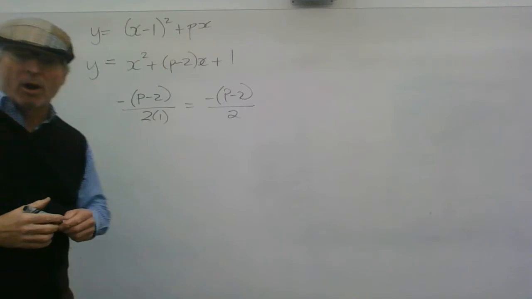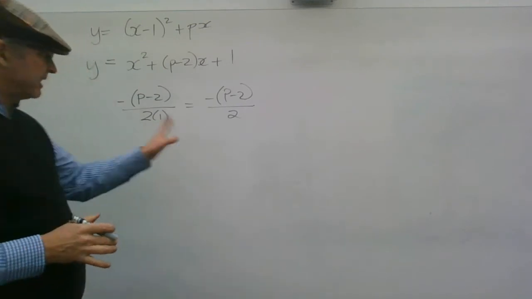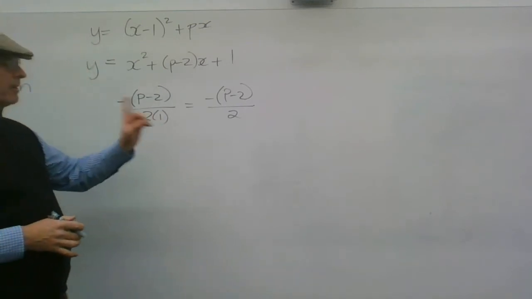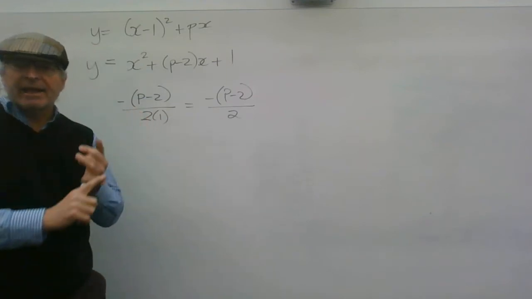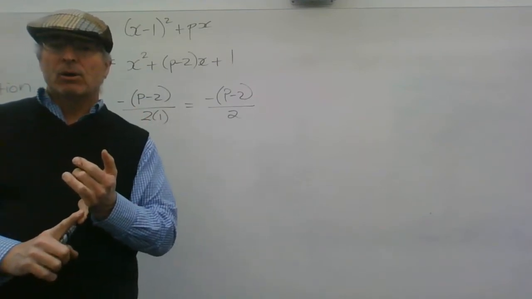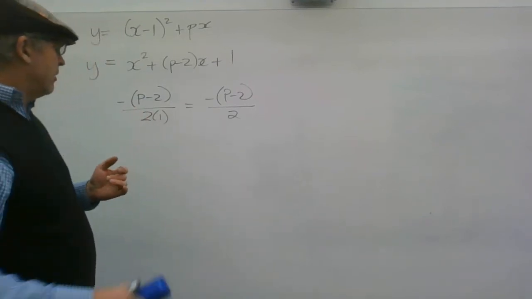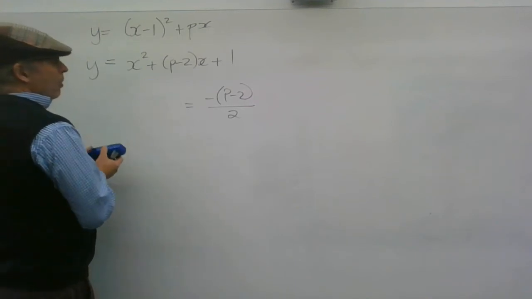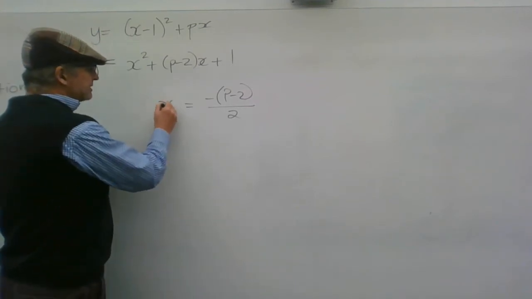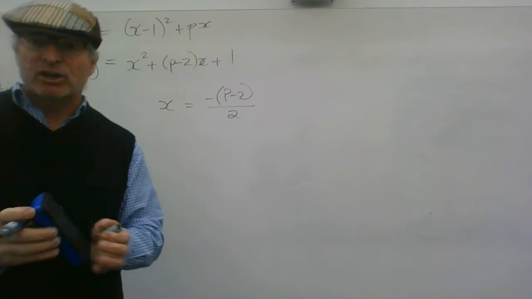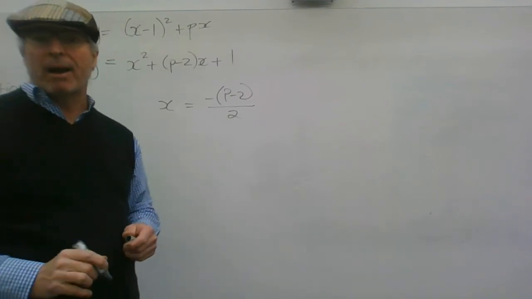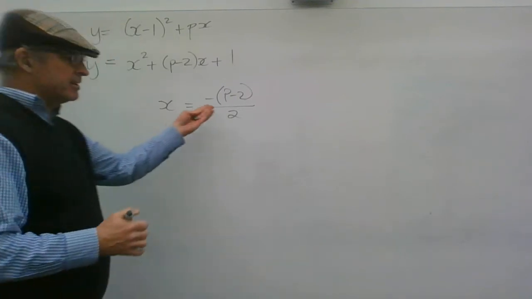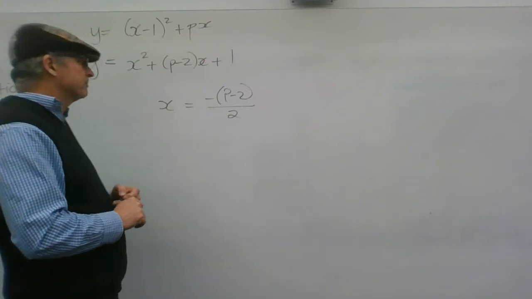Or you could write (2 minus p) on 2 if you want. So that there is the x-coordinate of the vertex. Or if you like, x equals that is the equation of the axis of symmetry of that parabola. It varies depending on what p is, of course.